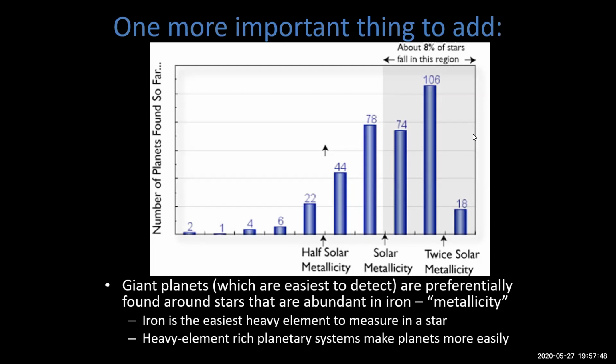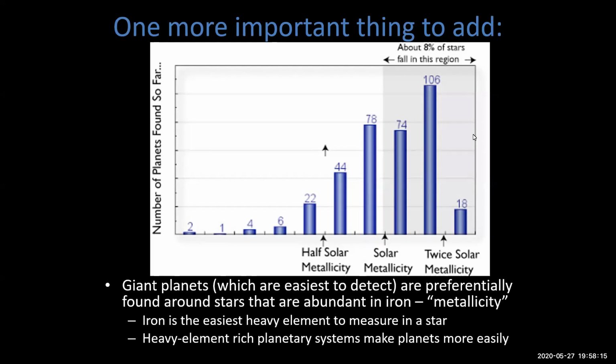What this tells us makes sense, because to have a giant planet, it needs a big core really, really early on in the formation of the stellar system. And if you're going to have that really big core, you need more metals because the metals are denser.